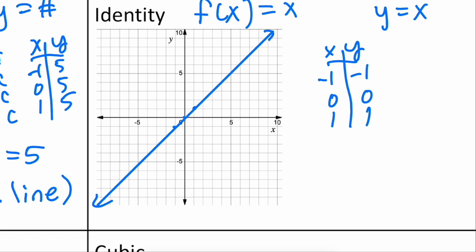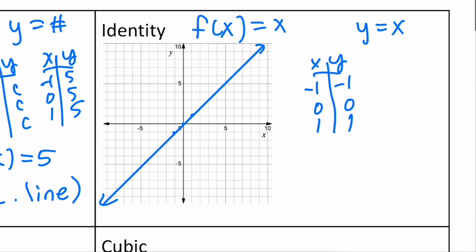That's kind of like our perfect linear function. All other lines are built upon that type of line. Y equals mx plus b, f of x equals mx plus b is a derivative of an identity function. Okay, so it is just a simple type of linear function.